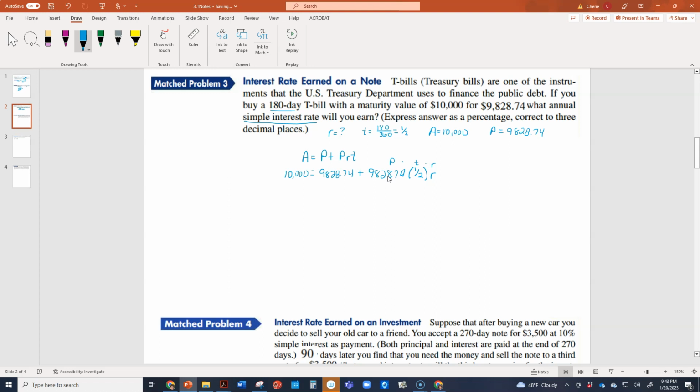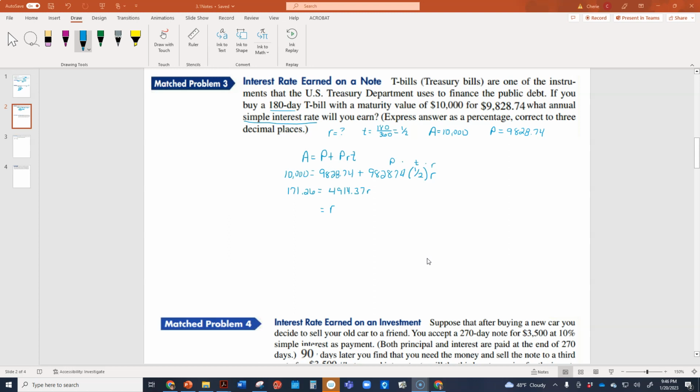And just in case you didn't know it, yes, it's okay to rearrange your variables. It doesn't matter what order you multiply numbers in, you get the same answer. So there's my P, there's my time, there's my R. I'm just going to do some simple math, subtract this number from both sides. I'm going to multiply those two, and then I'm going to divide by my coefficient.